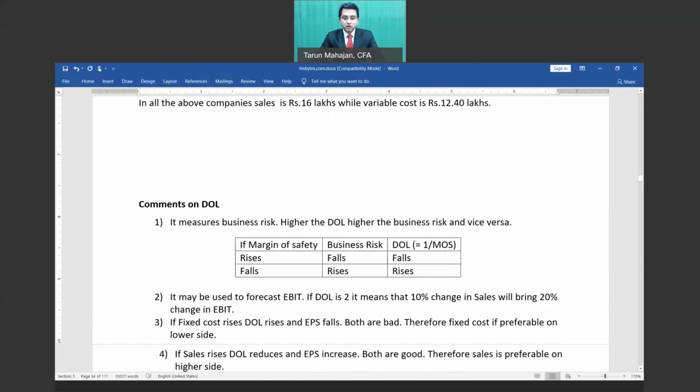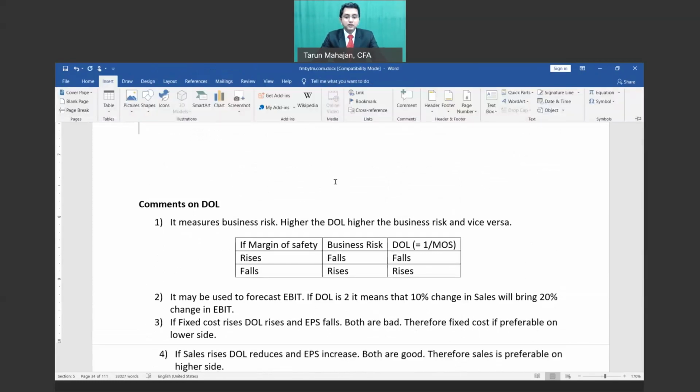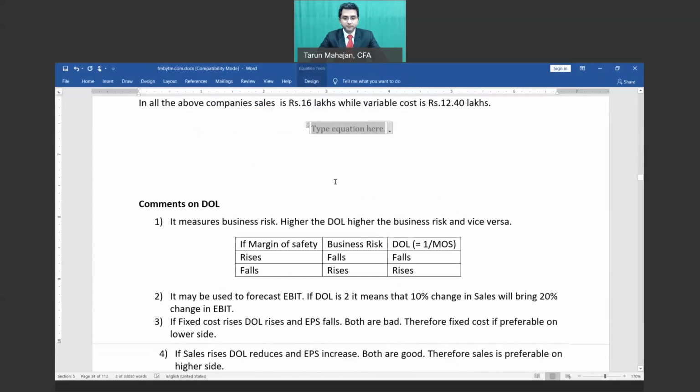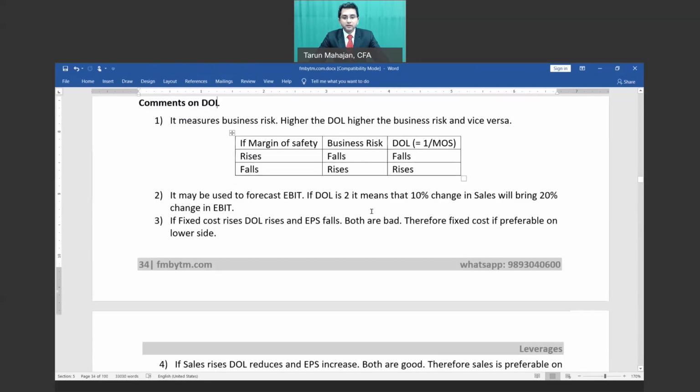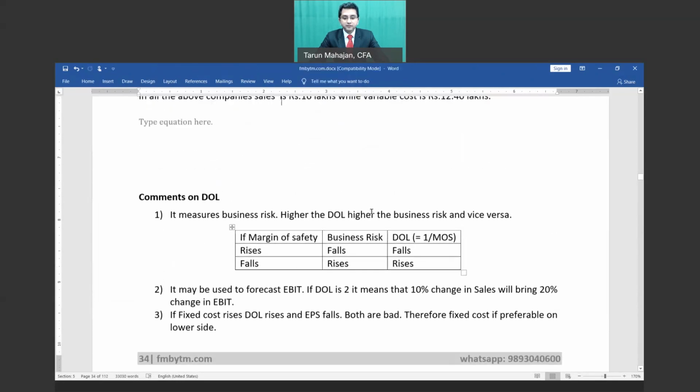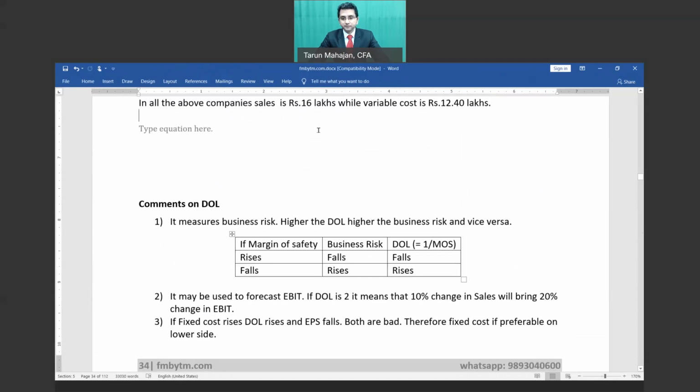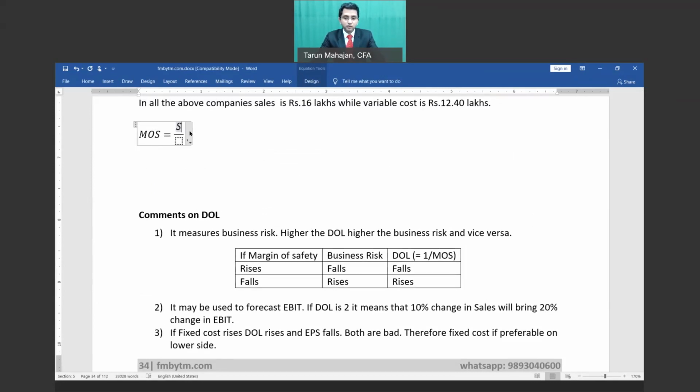If you try to recall the formula for margin of safety, what is it? Margin of safety in terms of percentage is equal to sales minus break-even point divided by sales into 100.